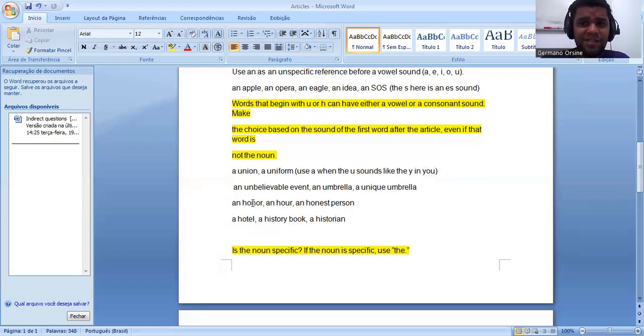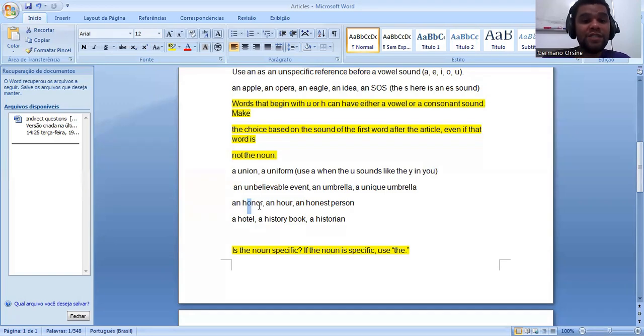So the first sound that we hear when we pronounce this word is the letter O, which is a vowel. So when the H is silent, when we don't pronounce it, the first sound of the word that comes right after the article is considered a vowel sound. That's why we have to use an honor, an hour, an honest person.